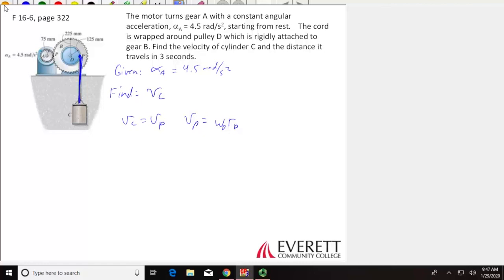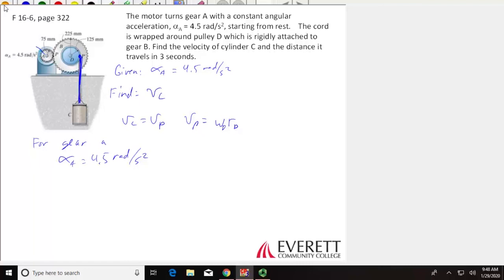So we will look at gear A. For gear A, alpha A is equal to 4.5 radians per second squared. Ding, ding, ding, alarm bell just went off. What type of acceleration is that? Constant. We can use our constant acceleration equations.